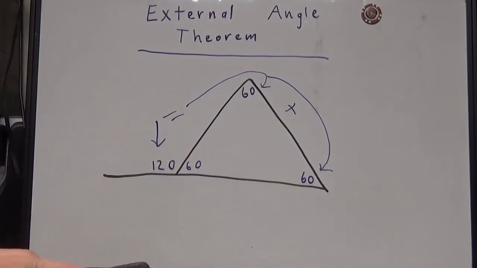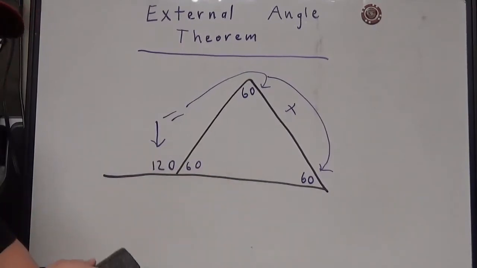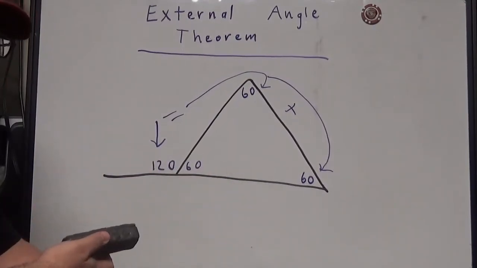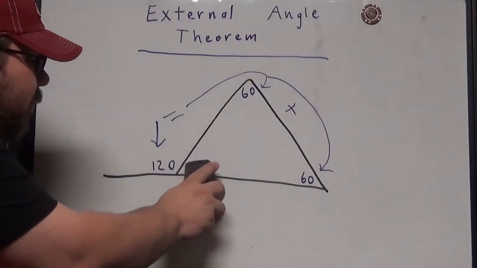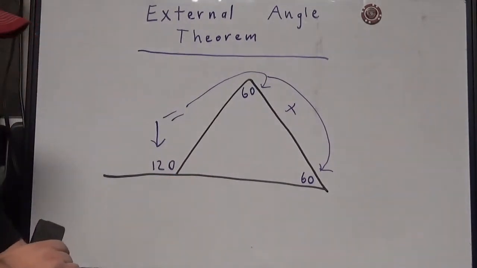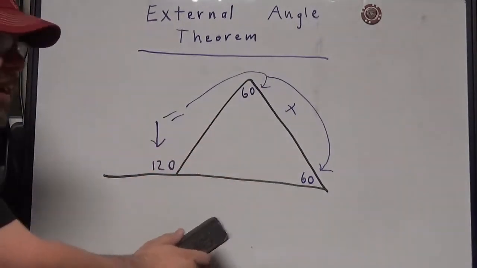Now, I'm going to do one problem, and only one, where instead of just being given this, we're going to solve for an x value. Now I'm going to erase this one. I'm just going to keep these.